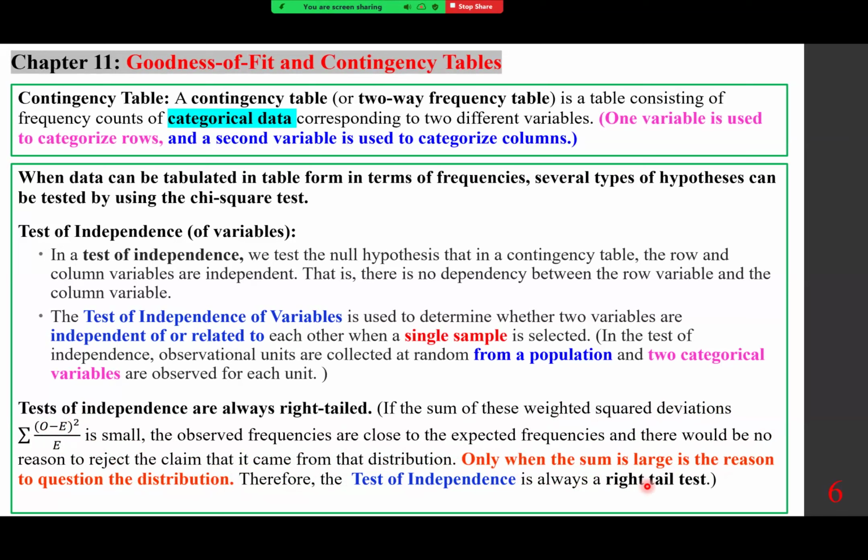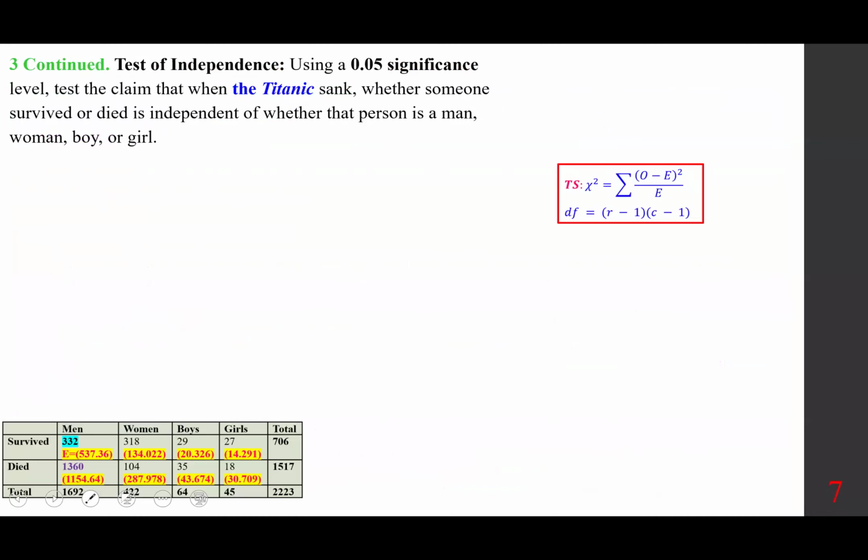So that's the concept. We are dealing with one population, and we are looking at various groups. So as you're looking at this one, we're going to continue on that. The population of interest is the population that were in Titanic. All of those people in Titanic, one population.